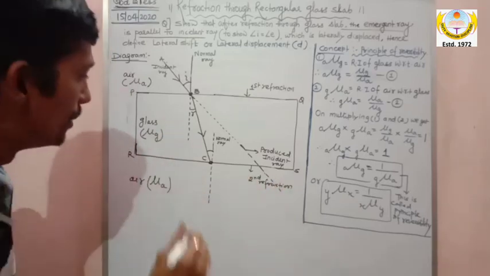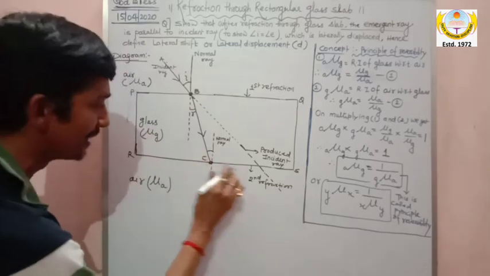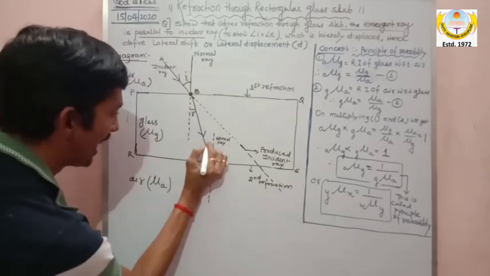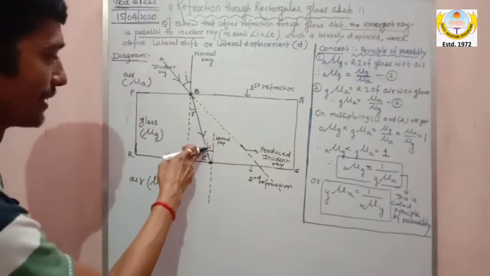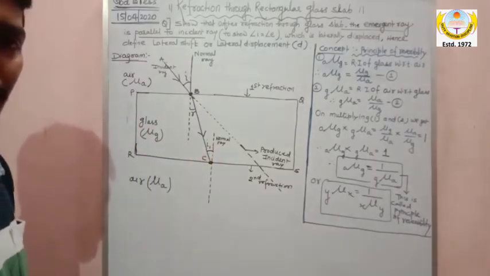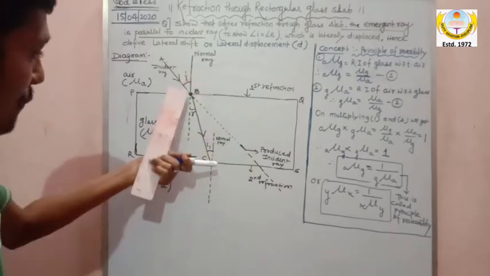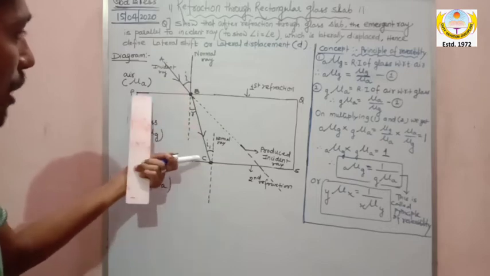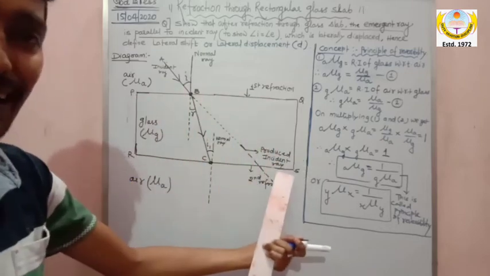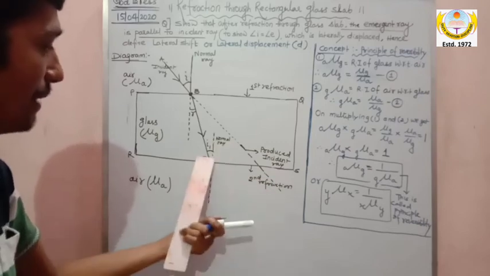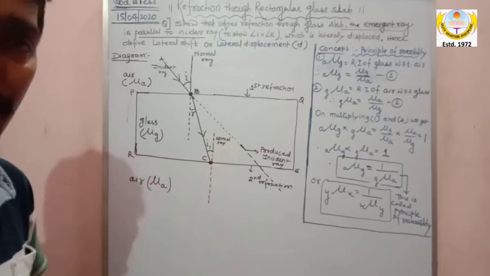So since it is an incident ray for this surface, I will write this as angle, again an incident angle, but this is another incident angle, so I will write this as I1, because the first incident angle is I. So this ray refracted from the surface PQ, when incident on the surface RS, makes an incident angle with the normal, and that incident angle is called I1.